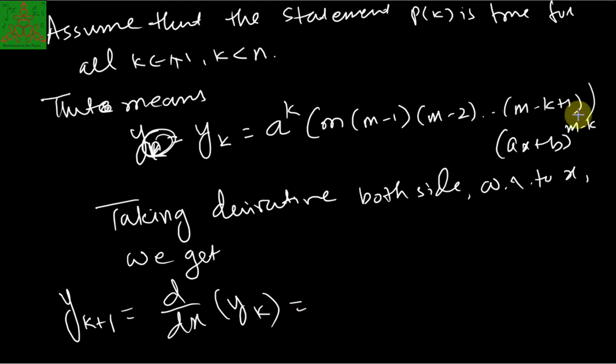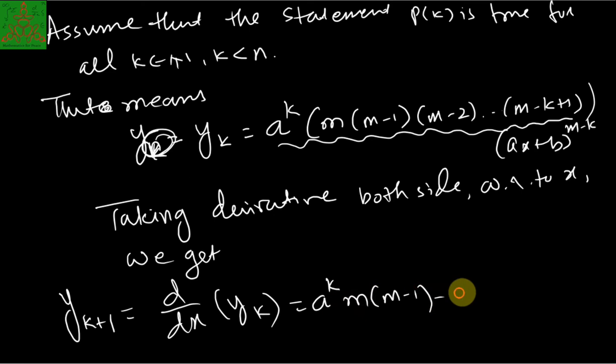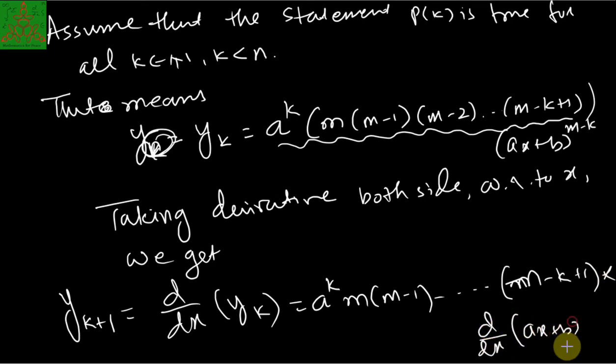That is the derivative of this quantity. But the leading quantity is independent of x, so I can write it outside: m into m minus 1 up to m minus k plus 1, into d by dx of ax plus b power m minus k.